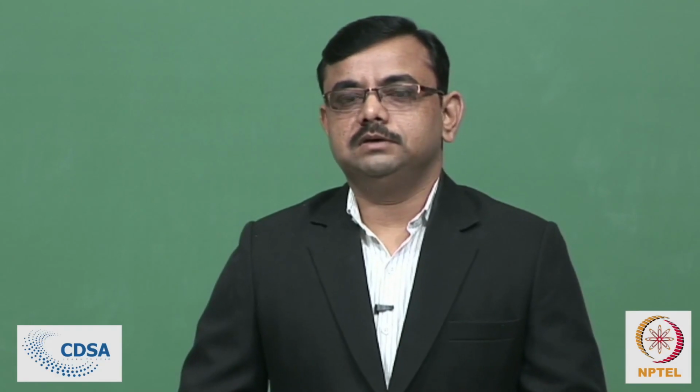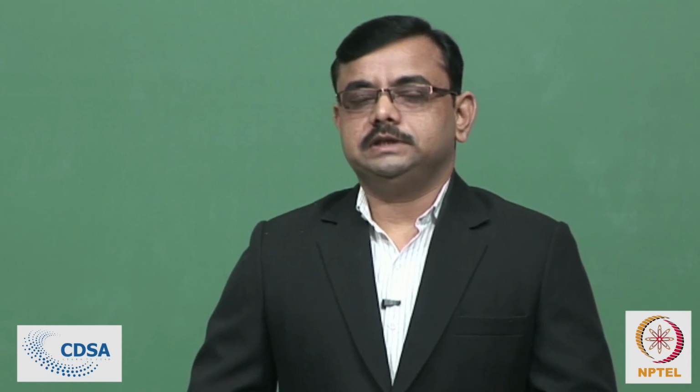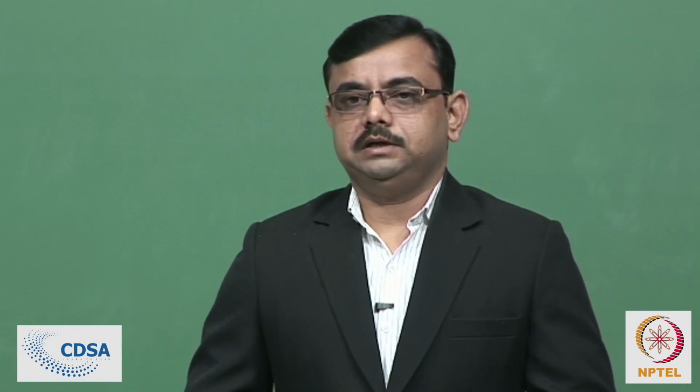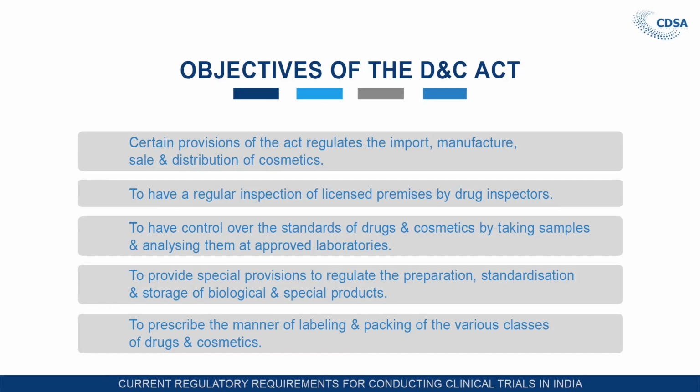For example, what is the manufacturing date, what should be the expiry date, what should be the storage condition, the name of the ingredient, the composition of ingredient, that should be available on the label of the marketed drug, and it is mentioned under the Drug and Cosmetic Rules, that is rule 92, 93 and other rules.